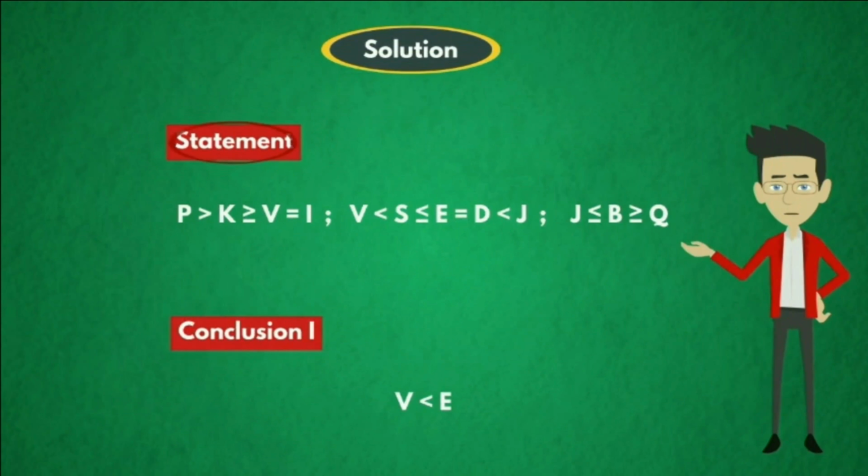Here in the statements, we have a direct relation between V and E. So from V to E, we have less than and less than or equal to symbols.